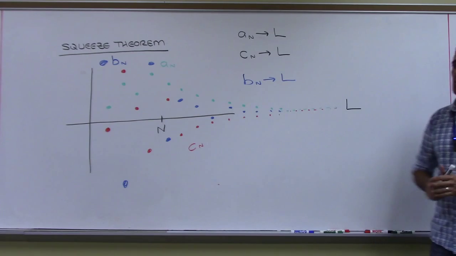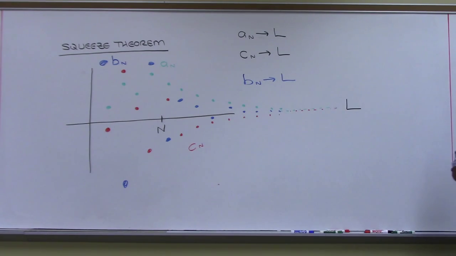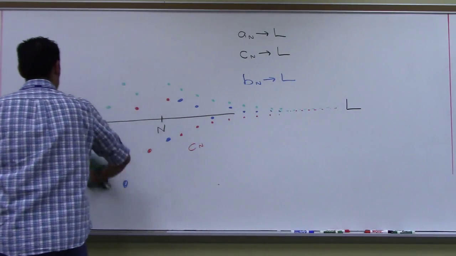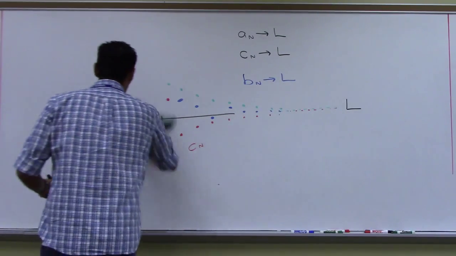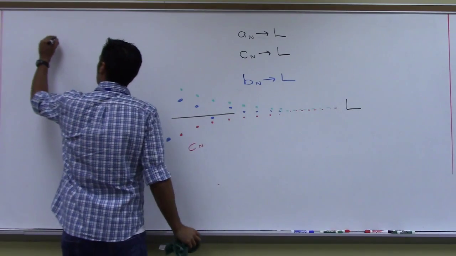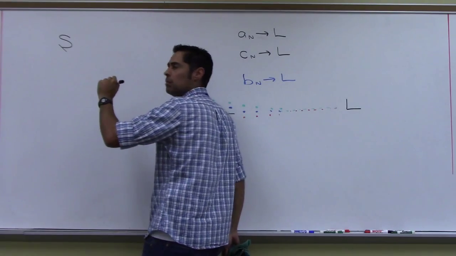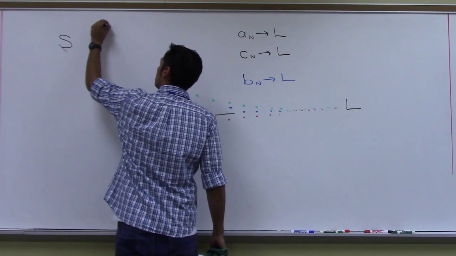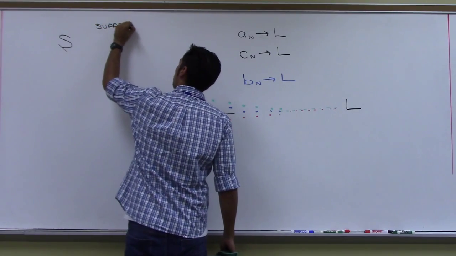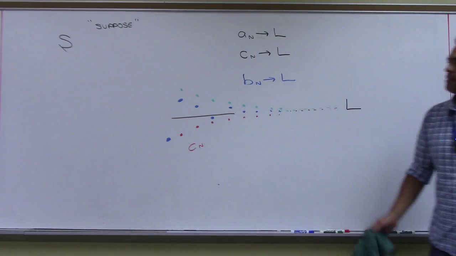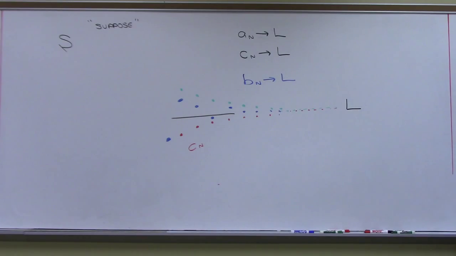But let me write it down more formally, because this is not formal enough. Here's the way the squeeze theorem should be written. Have I told you what that means? No? All right, may as well do it now. I'm not making up my own math here. That's the mathematical symbol that we use for the word suppose, all right?